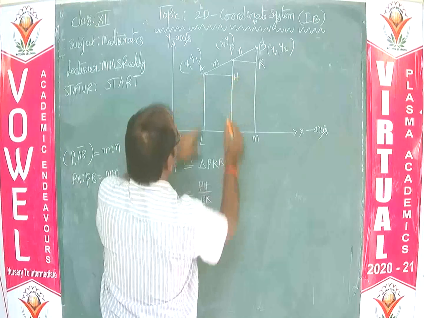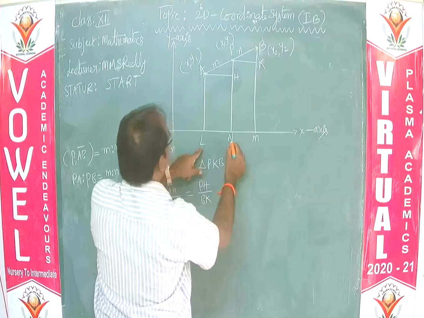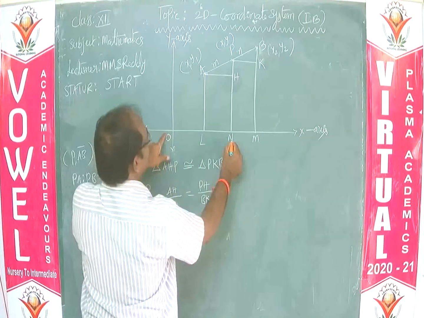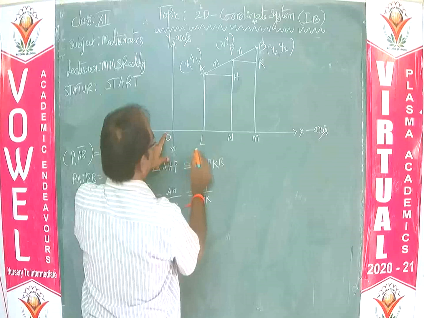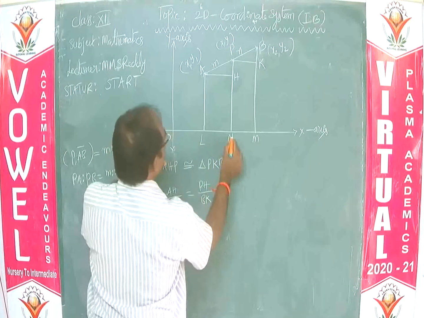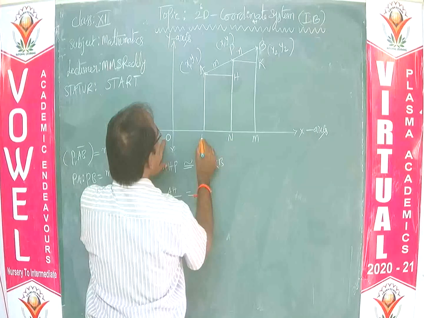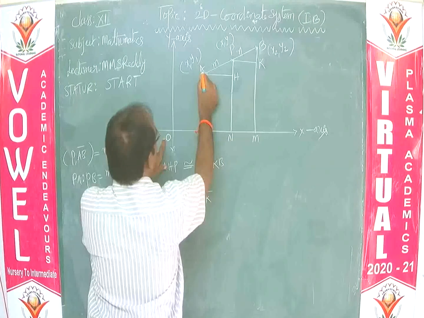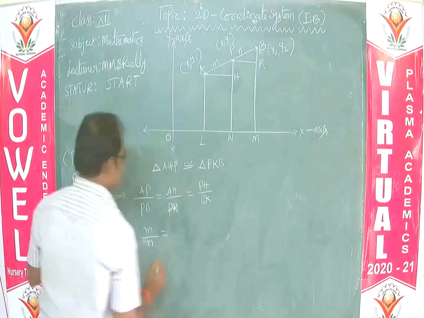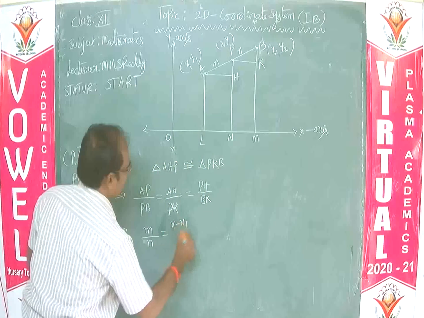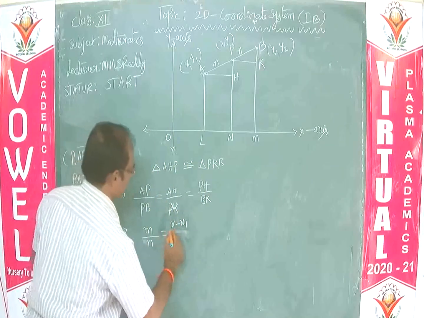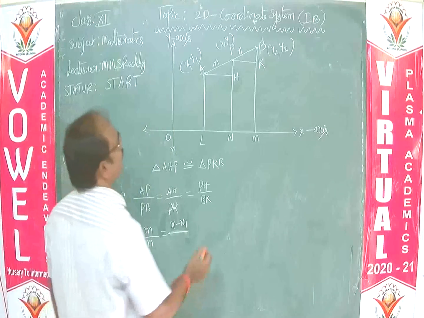AH equal to LN. So from here, the distance ON is the x coordinate of P, x. OL is the x coordinate of A, x1. So LN is the difference, x minus x1, by PK.